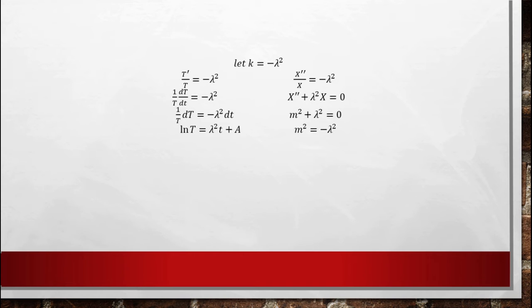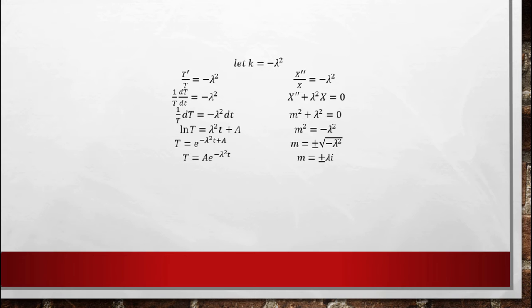From the formula T prime over T is equal to negative lambda squared, we will use the separable method to separate the T and the dT over dt, and then we will integrate both sides to get T is equal to e to the power of negative lambda squared t plus a.